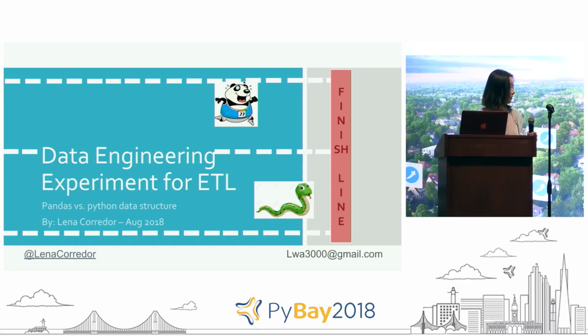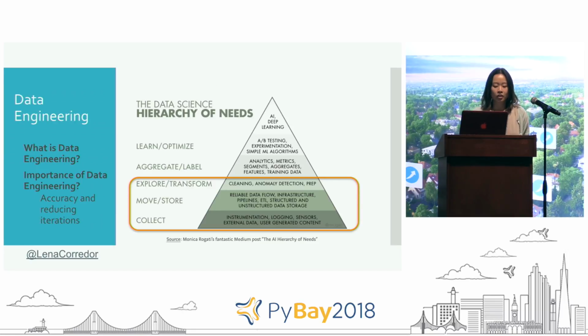Can I start? Hi, everybody. My name's Lina Corredor, and today I'm going to be talking to you about a data engineering experiment that I did for an ETL process. So what does data engineering mean in the data science spectrum?